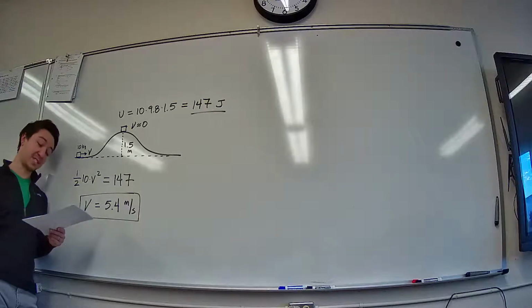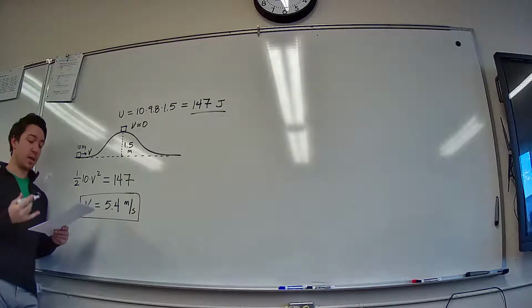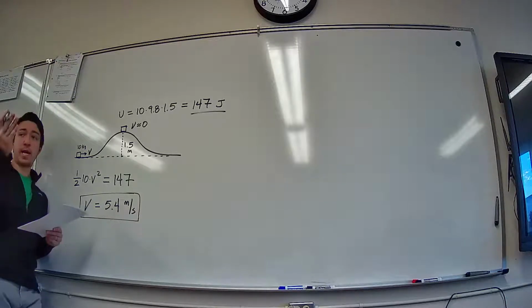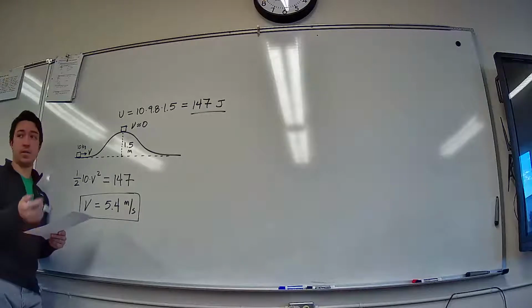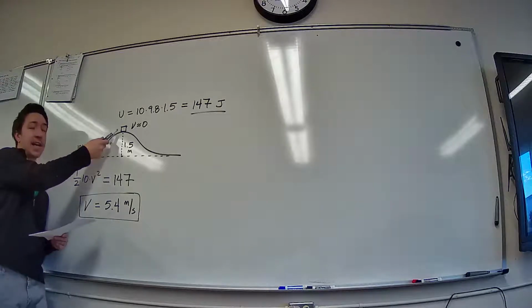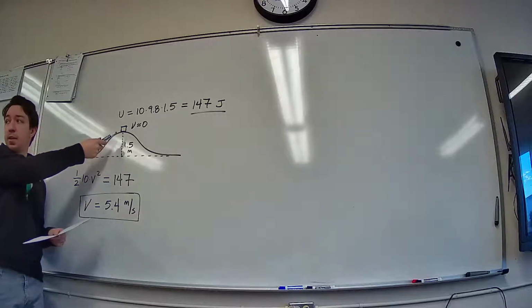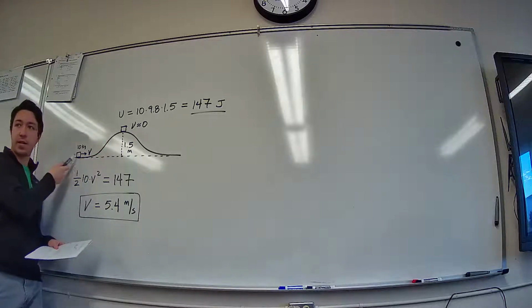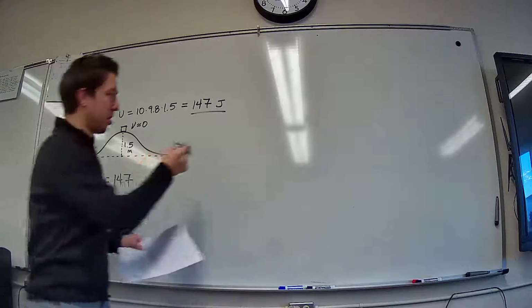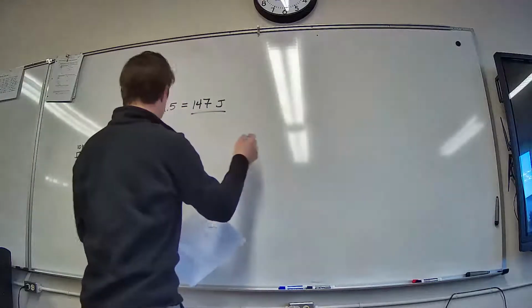That's the last quantity we're going to calculate, right? That's what we're trying to solve. So in order to calculate that, we need to figure out how fast he would be going at the top if he had been going 6 meters per second down here. Does that make sense? Okay, then let's do that calculation.